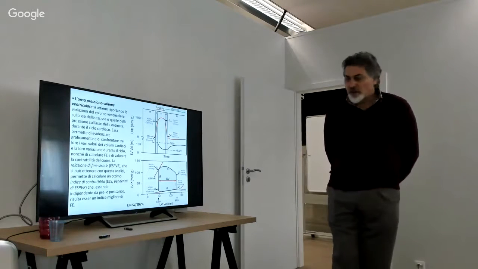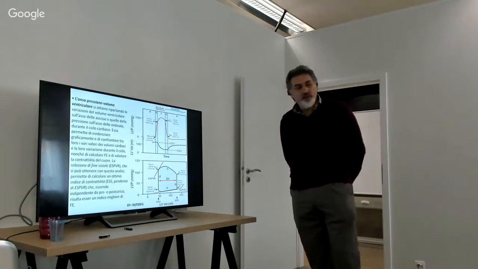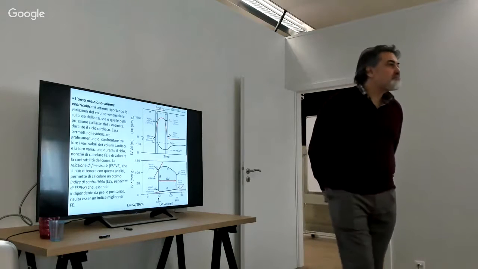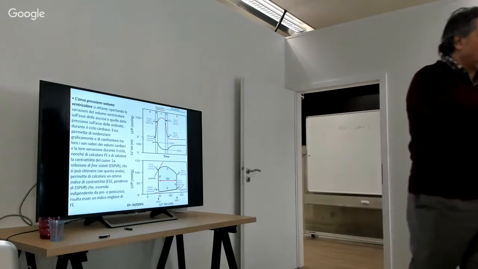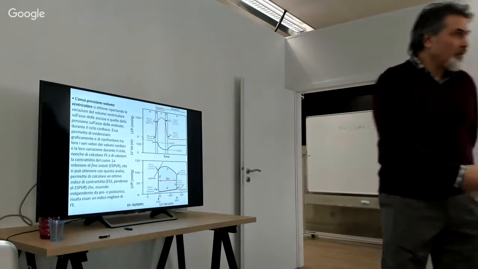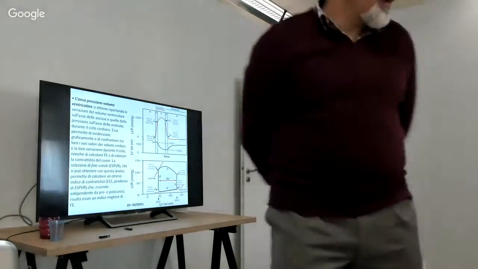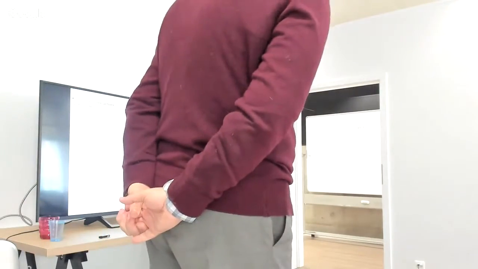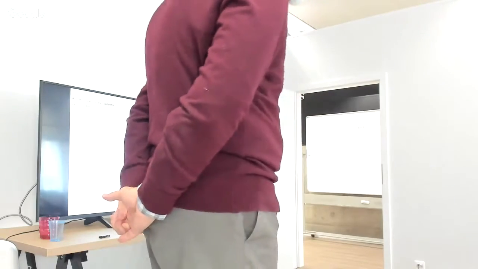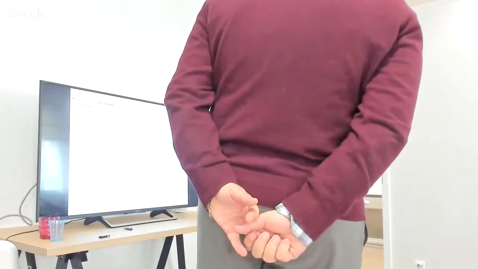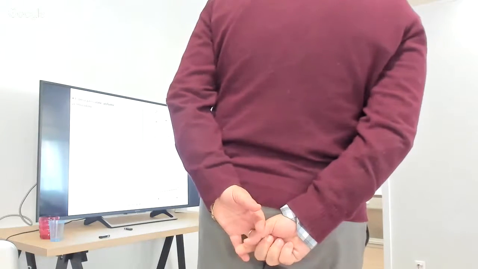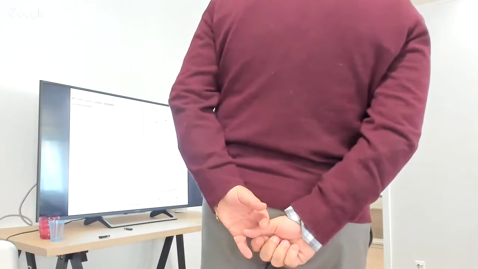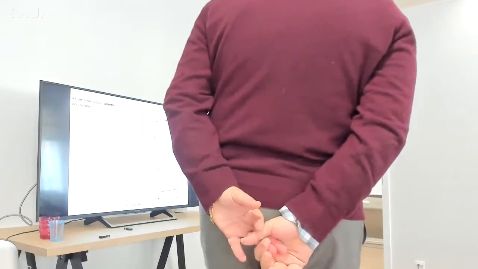Quindi la frazione di eiezione è 90 diviso 130, 70% più o meno, adesso non sto a fare il calcolo preciso. 69. Ci permette di valutare la contrattività del cuore, la frazione di eiezione.